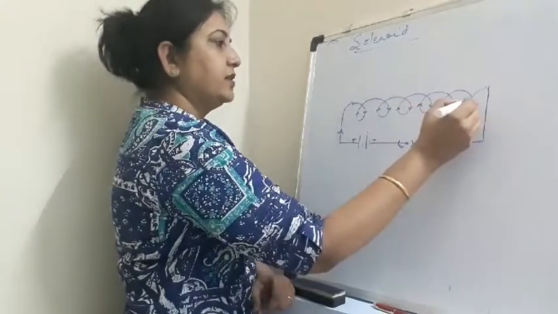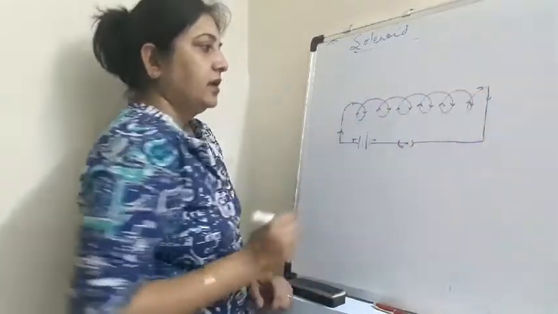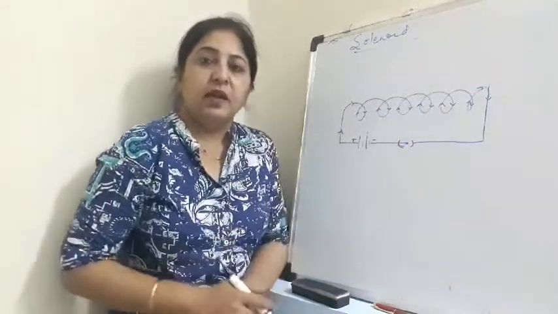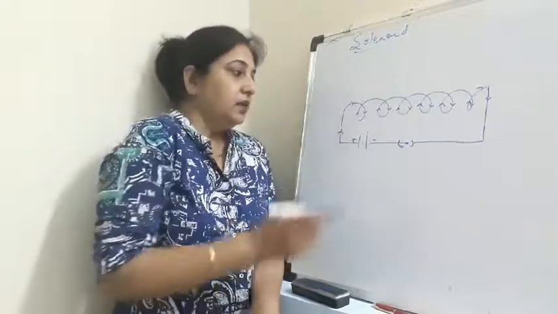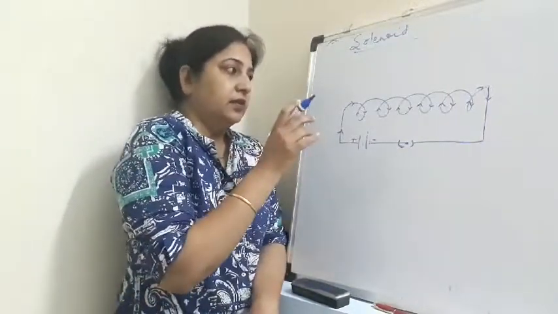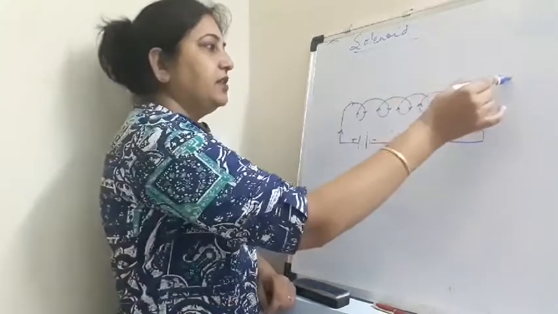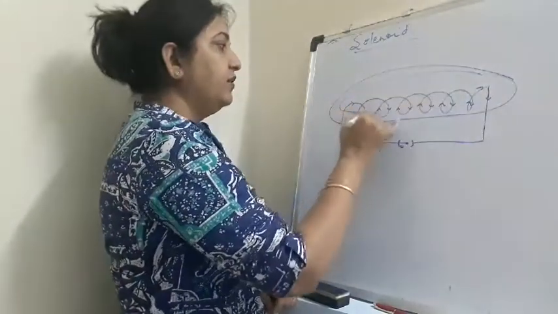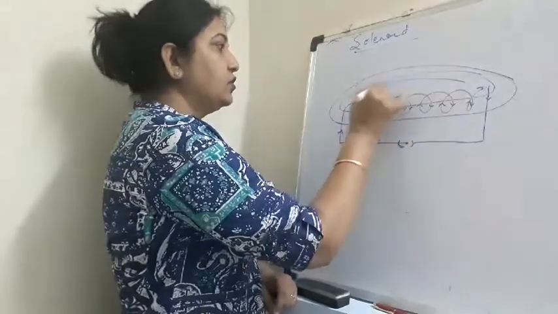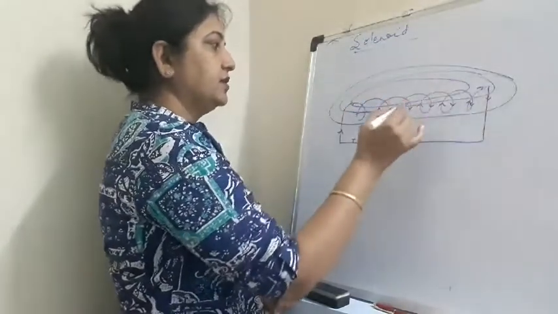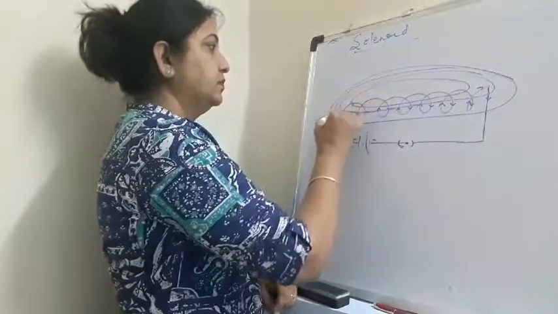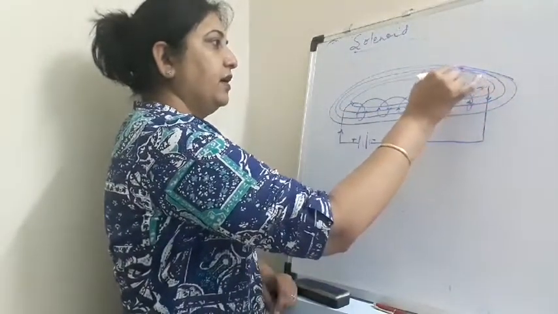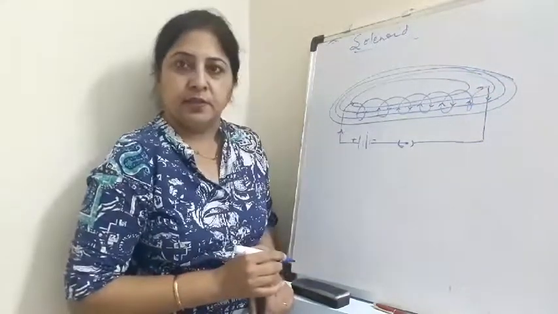Now what next? When the current flows in the solenoid, it will start behaving like a magnet. And when there is a magnet, it has magnetic field lines around it. So the magnetic field lines in a solenoid look like this. See that when you make magnetic field lines, they should not intersect.